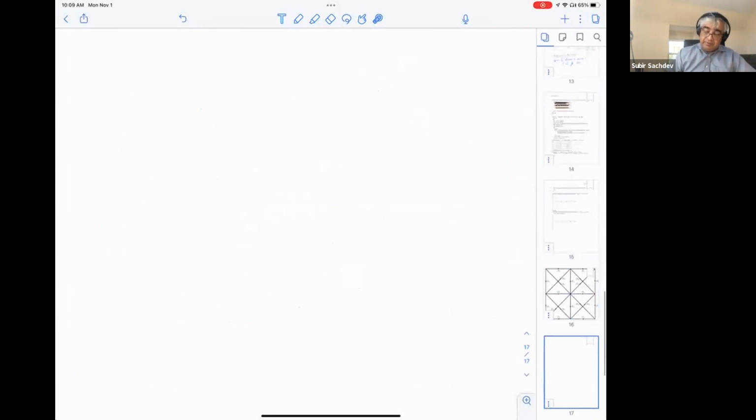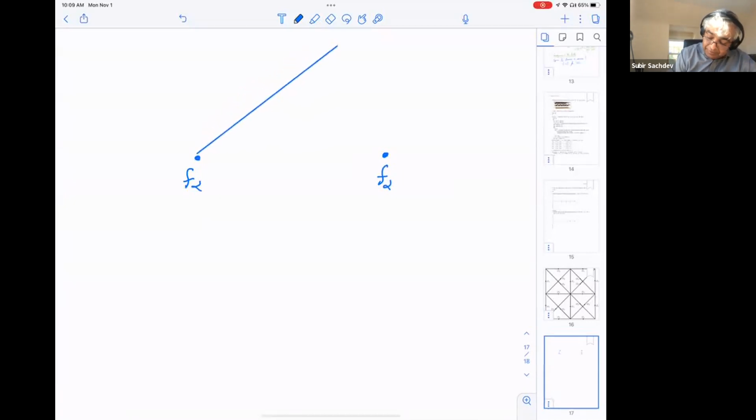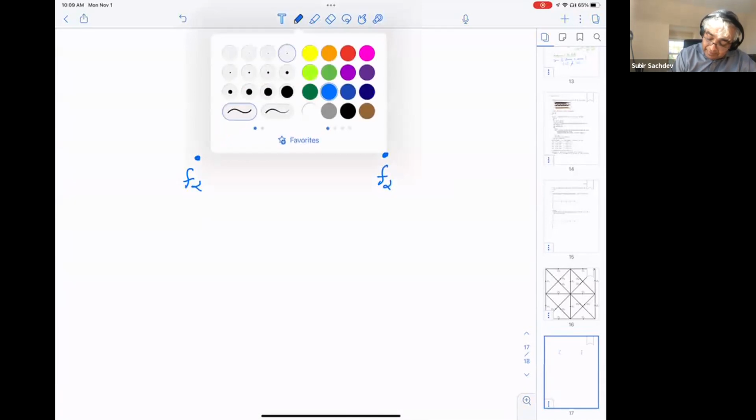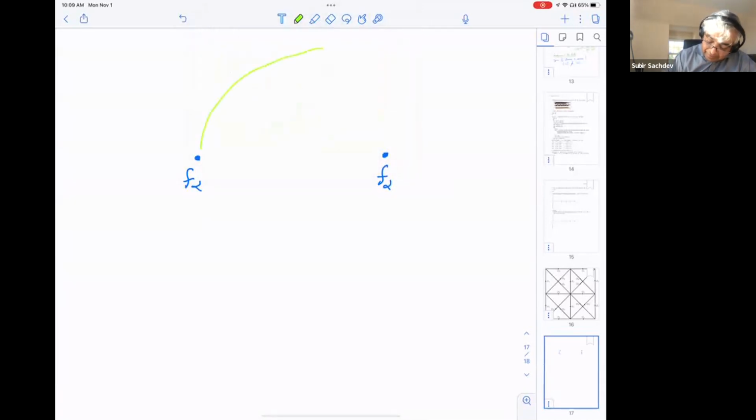What I want to do is look at the exchange of 2 F alphas. So I have an F alpha sitting here, and I have an F alpha sitting here. And I'm going to take this F alpha around to this side.